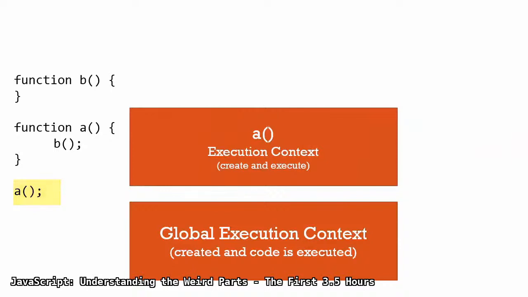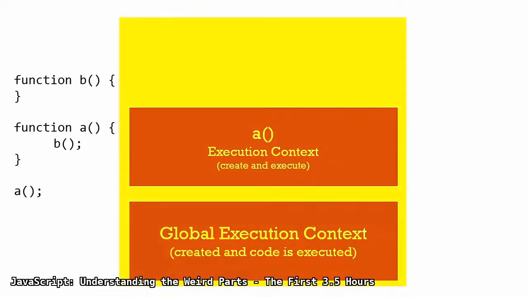A new execution context is created and placed on what's called the execution stack. And the stack is just what it sounds like. One on top of the other on top of the other. And whichever one is on top is the one that's currently running.